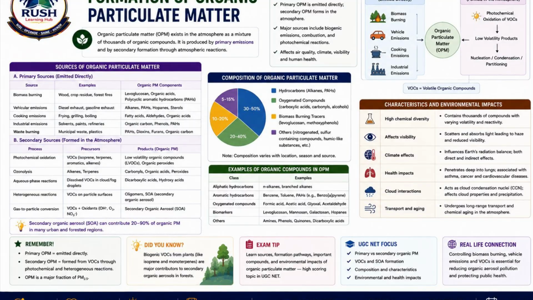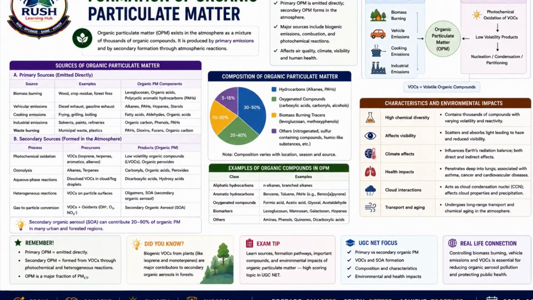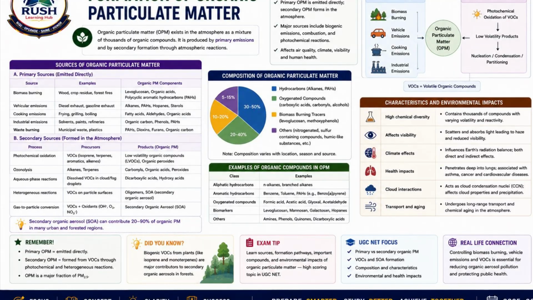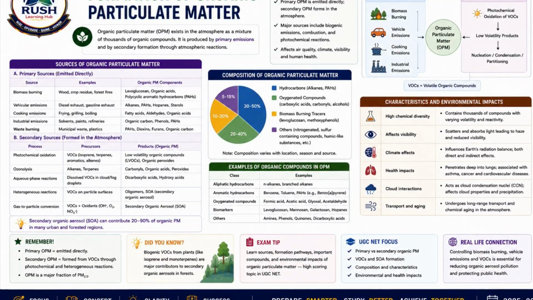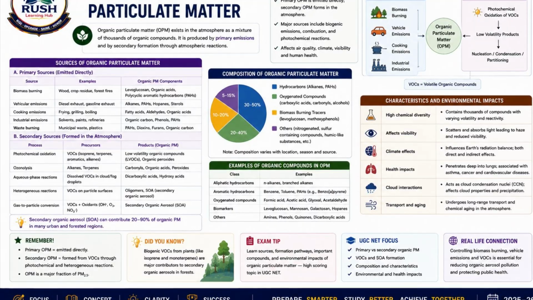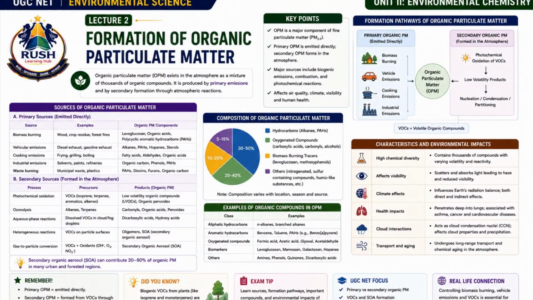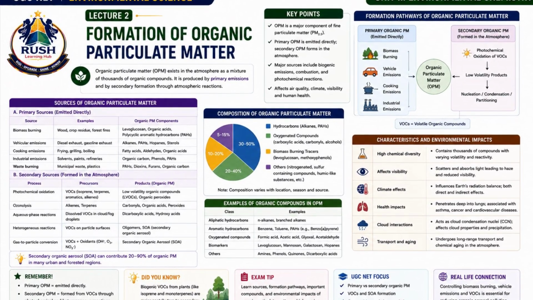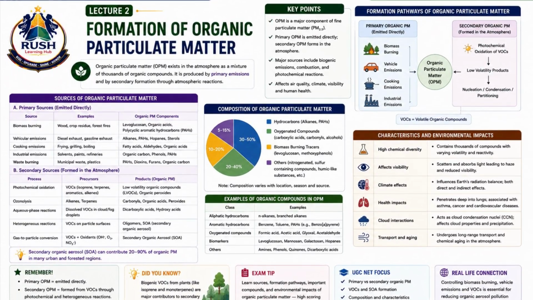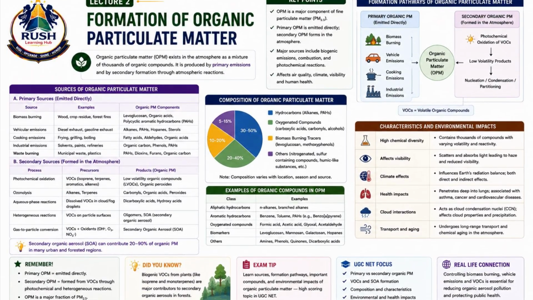Biomass-burning tracers such as levoglucosan and methoxyphenols are also commonly present. Additional components include nitrogen-containing compounds, sulfur-containing compounds, humic-like substances, and various secondary oxidation products. The exact composition varies depending on location, season, vegetation, industrial activity, and atmospheric conditions.